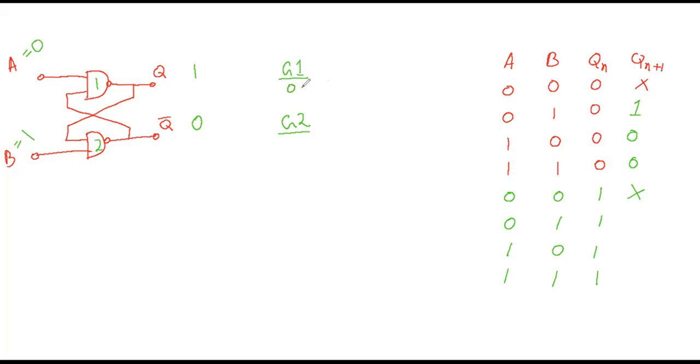For 0 0 you are getting a 1. Okay. And for gate 2, 1 and 1. So 1 1 will give you a 0. Fine. So it is the same thing that I assumed. So that means 1 will remain 1 in the next state.